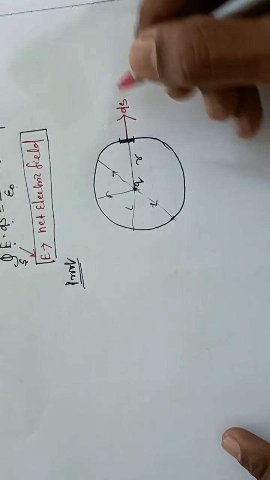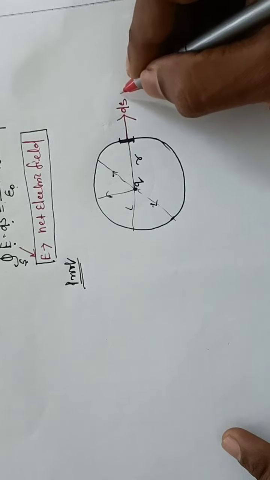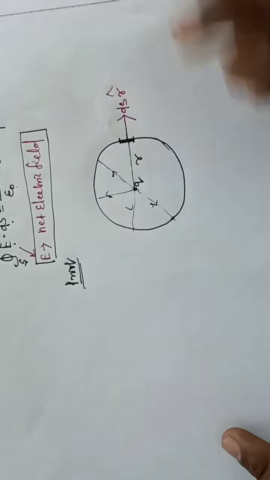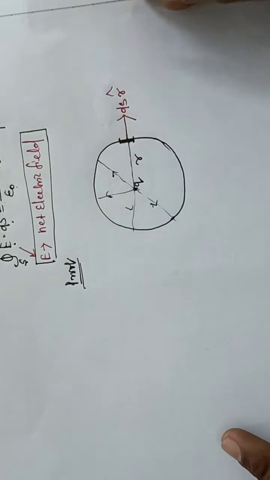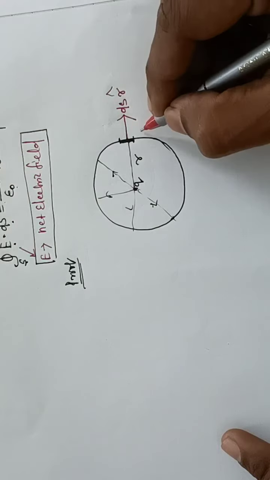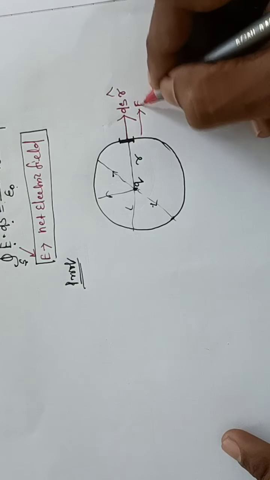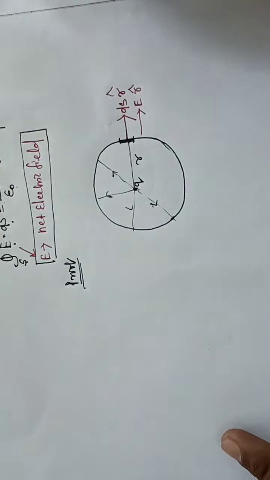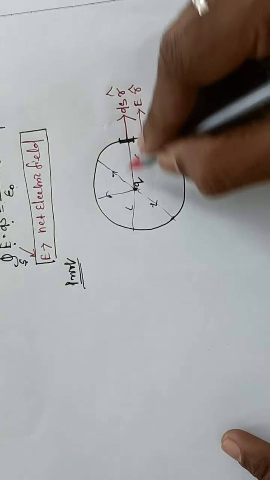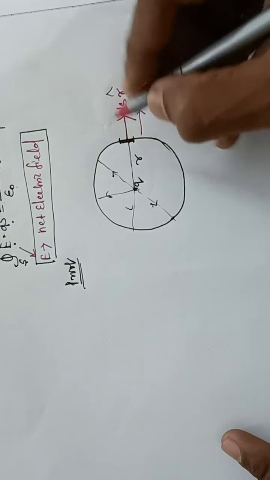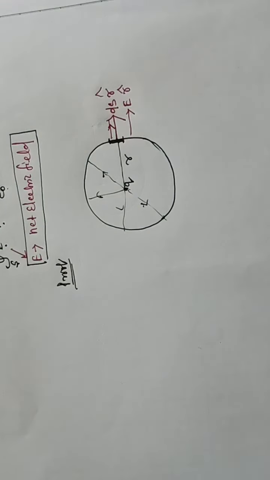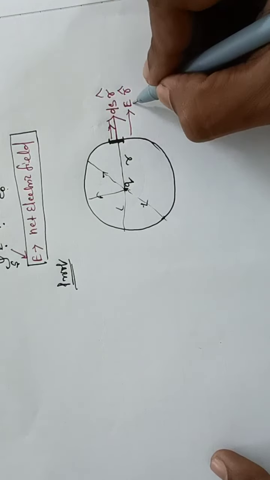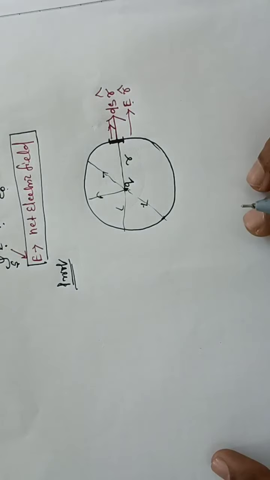This is my area vector, and I write the direction as r cap. And due to the positive charge, as the field lines are also radially outward, the direction of the electric field is also along the direction of the area vector, because exactly at this section the field lines will go like this. So this is pretty clear: the electric field lines and the area vector are parallel to each other.